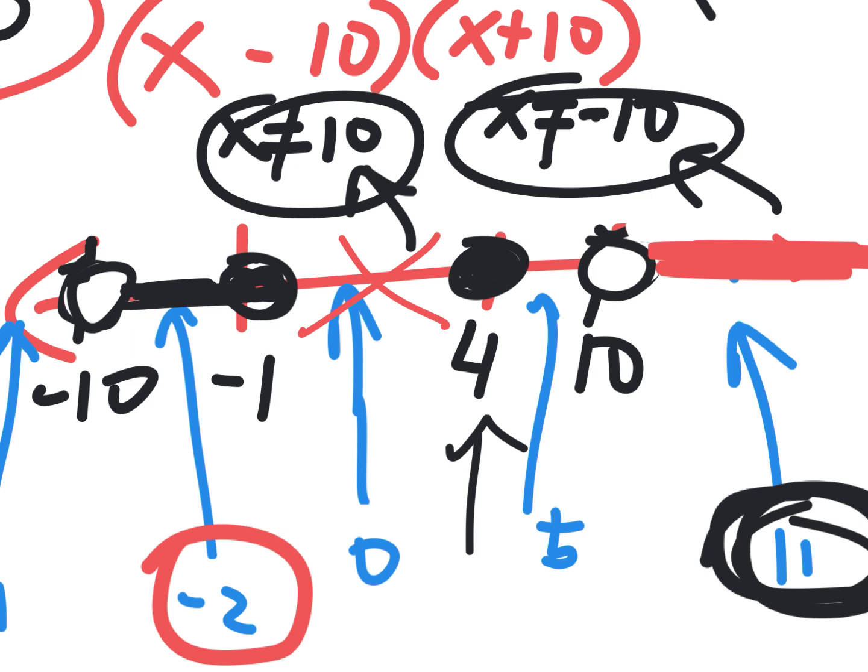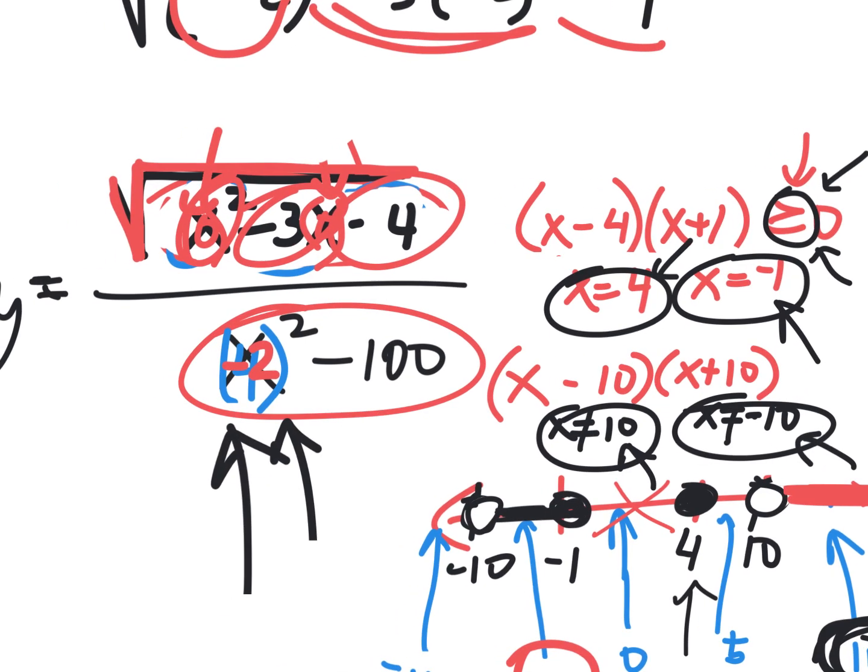How many of you can verify that 5 worked? Nobody? Did you try 5? Everybody try 5, and you've got to take a stand on this. Does 5 work or not? If I put in a 5 here, 25 minus 100, that's okay. Didn't make a 0 on the bottom.